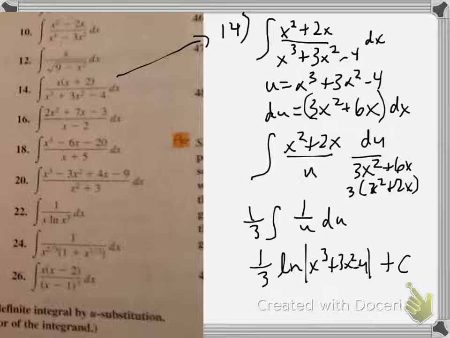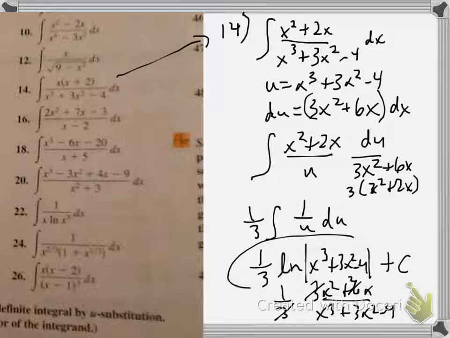There you go. Take the derivative if you want to check it: 3x squared plus 6x over x cubed plus 3x squared minus 4, times a third, and you're back where you started, so you know that you are correct.